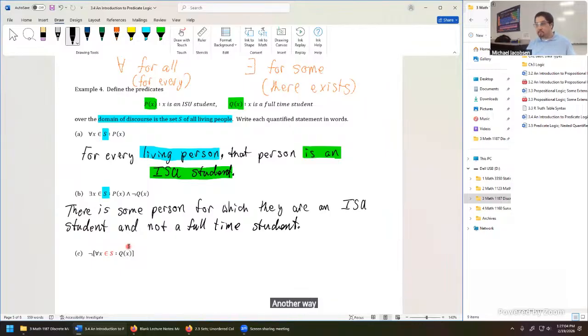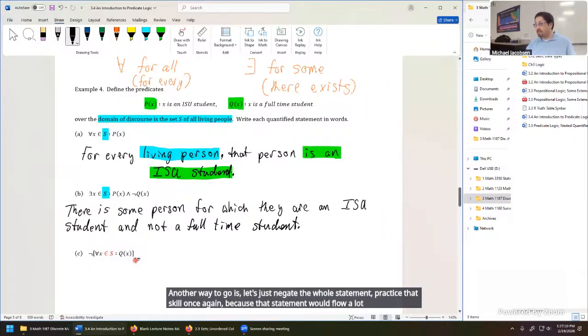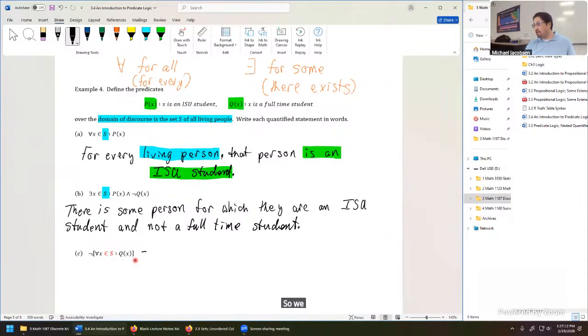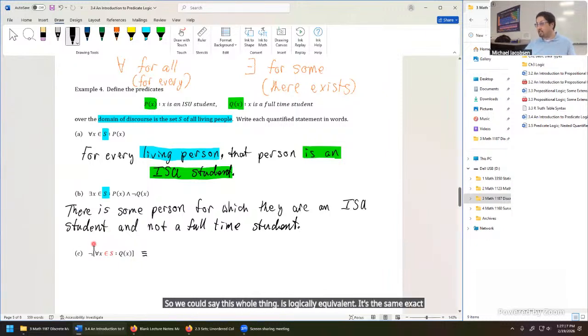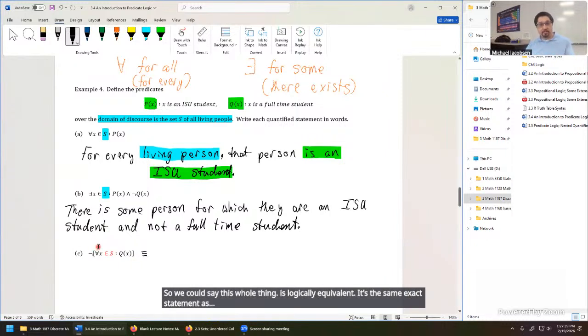Another way to go is, let's just negate the whole statement, practice that skill once again, because that statement would flow a lot better. So we could say this whole thing is logically equivalent. It's the same exact statement as: flip the universal quantifier for all to the existential one.